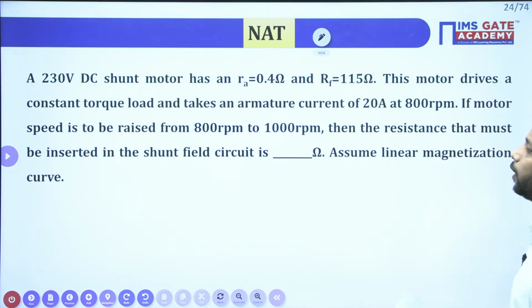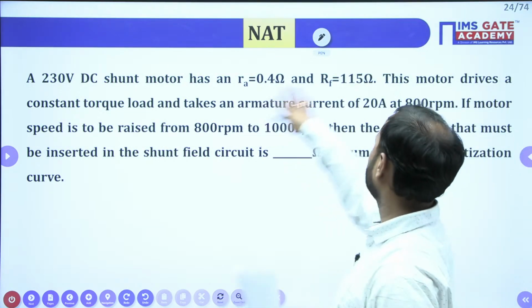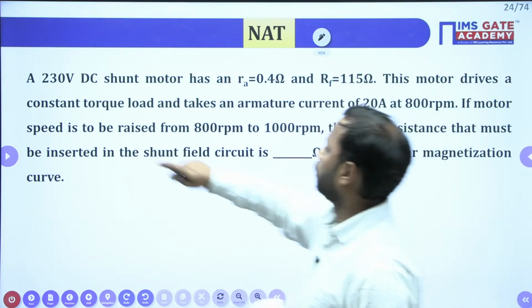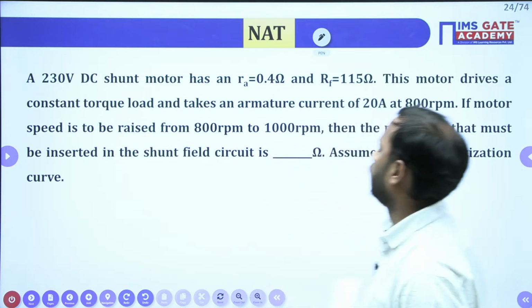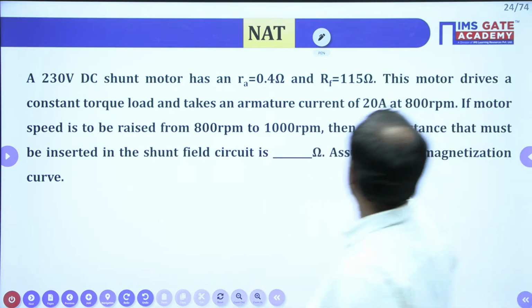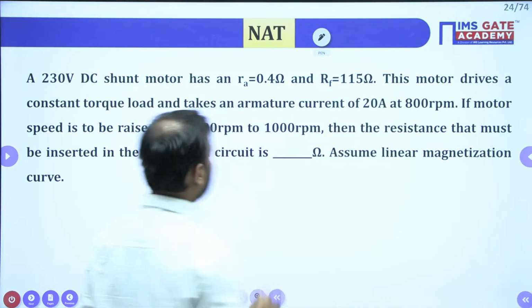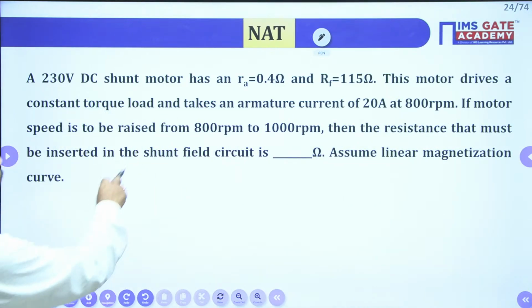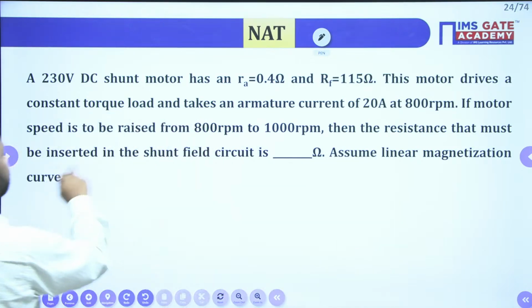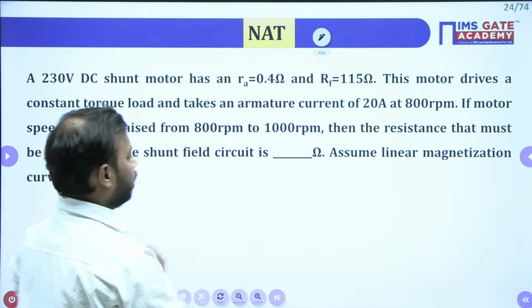A 230 volt DC shunt motor has an armature resistance and field resistance as given. This motor drives a constant load torque and takes an armature current of 20 ampere at 800 rpm. If the motor speed is to be raised to 1000 rpm, then the resistance that must be inserted in the shunt field resistor is dash ohm.